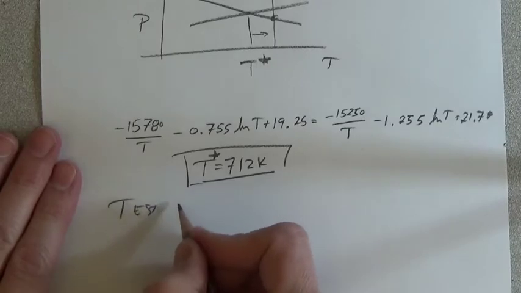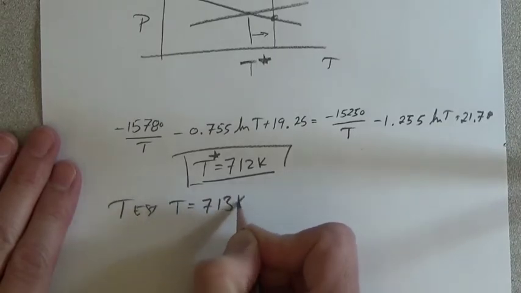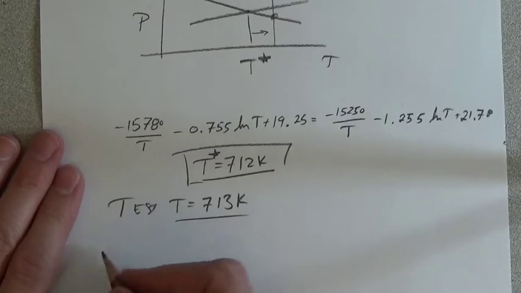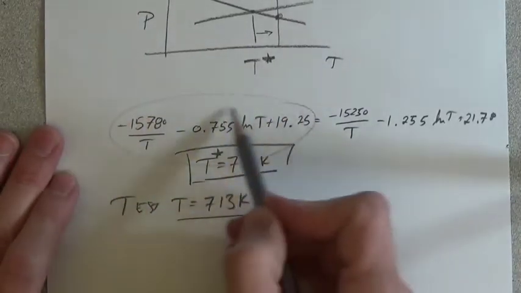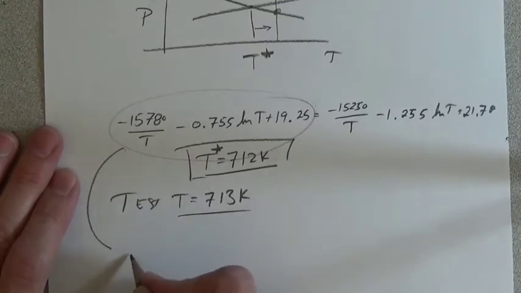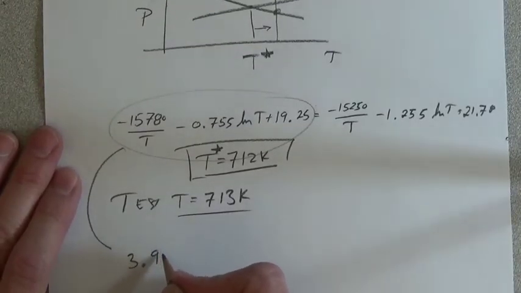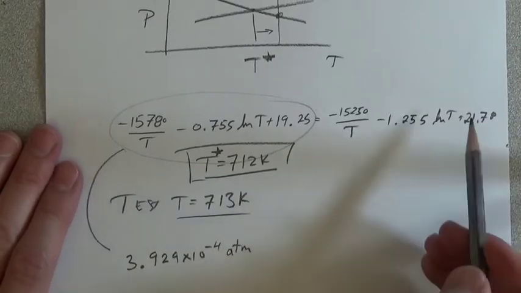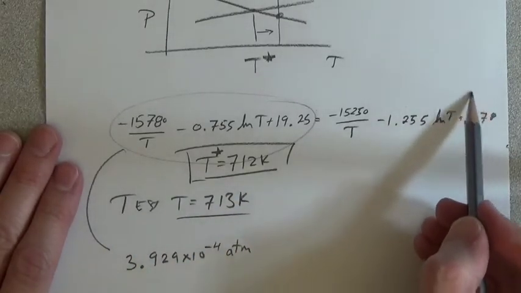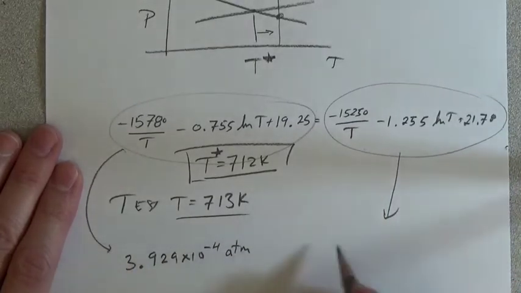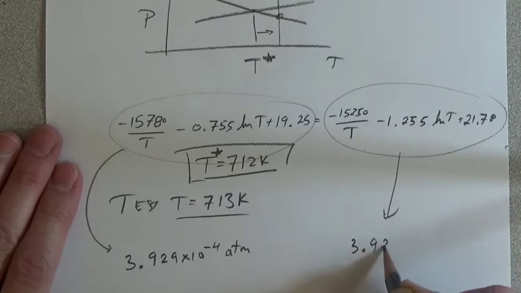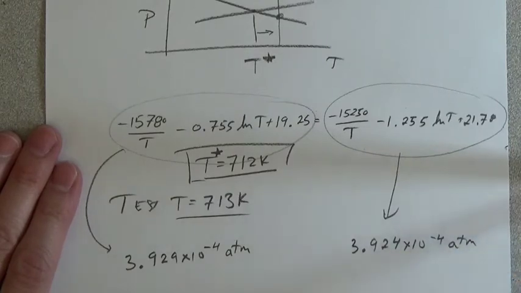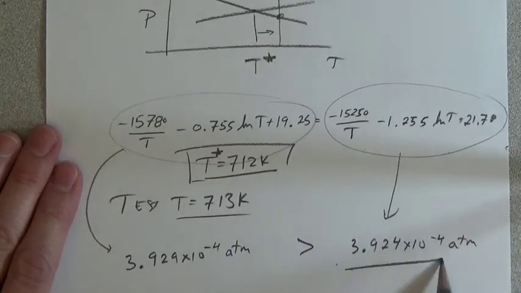Test T equals 713 K. And when we do that, the left-hand side of this equation turns out to be 3.929 times 10 to the minus 4 atmospheres, and the right-hand side turns out to be 3.924 times 10 to the minus 4 atmospheres, which is less.